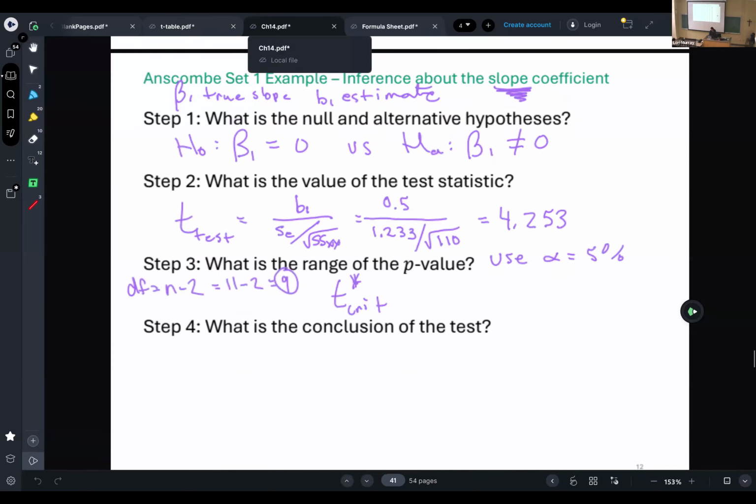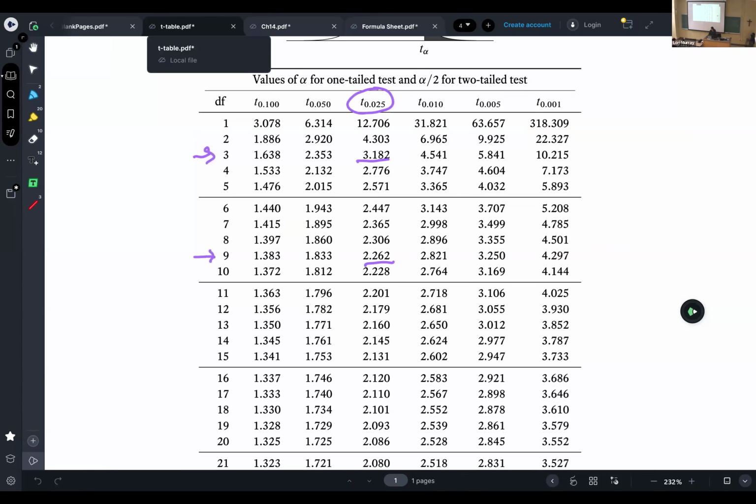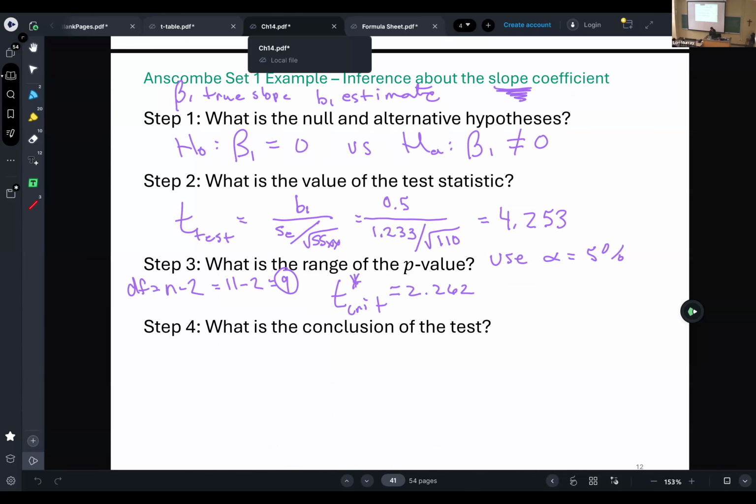And we'll take that over here. And we could also get the p-value. If we want to get the range of the p-value, you could just go, what was our value here? It was 4.253.